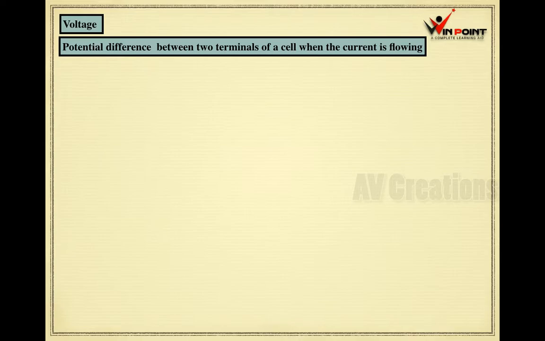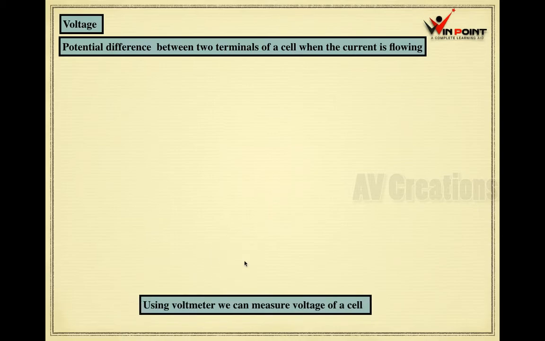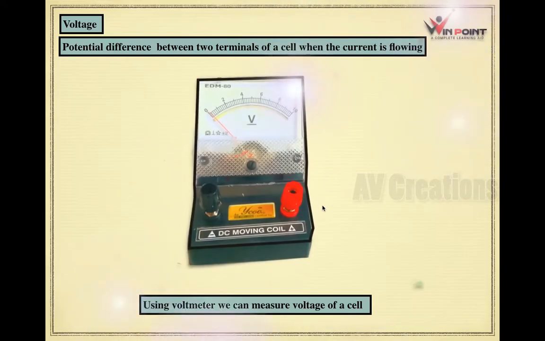At that time, we are measuring the potential difference between two terminals of the battery. It is known as voltage. It will be less compared to its EMF, because of the internal resistance there will always be a small change in the value of voltage. Using a voltmeter, we can measure the voltage of a cell.